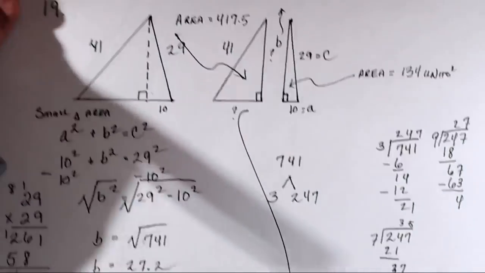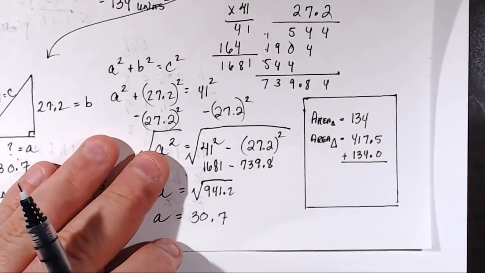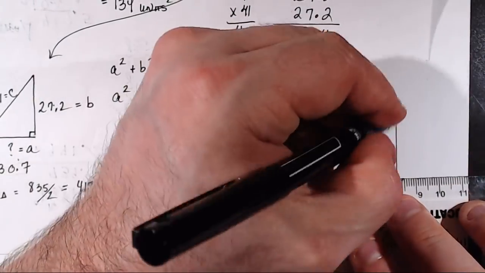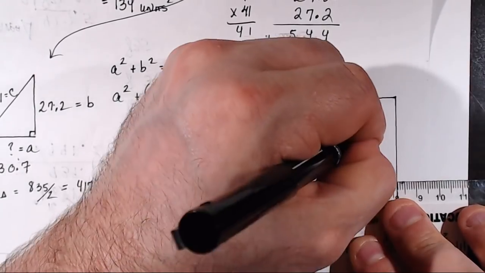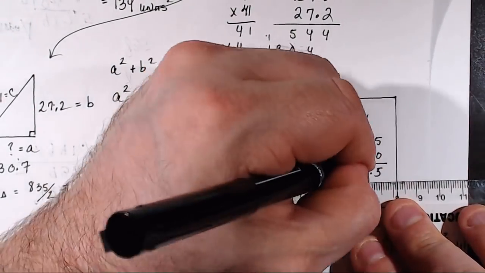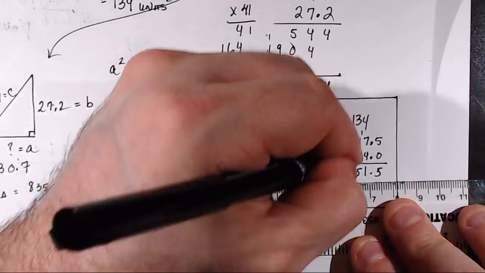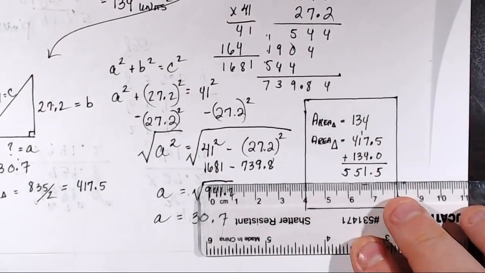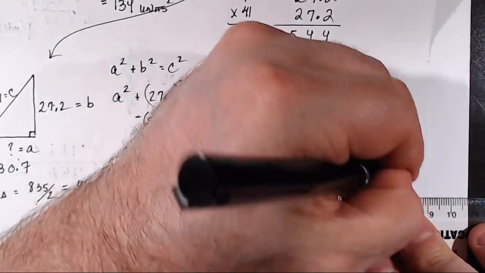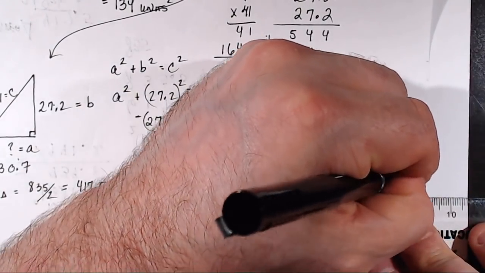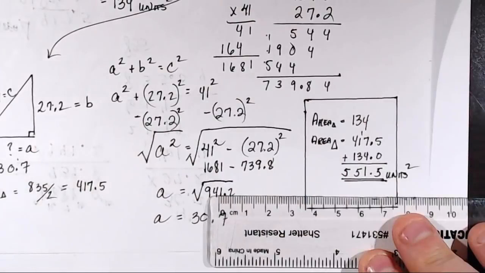So that's what we're going to do down here. See what we get. 5 plus 0 is 5. 7 plus 4 is 11. Carry 1. 3 plus 1 is 4 plus 1 is 5. And 4 plus 1 is 5. So the total areas combined are 551 units squared.